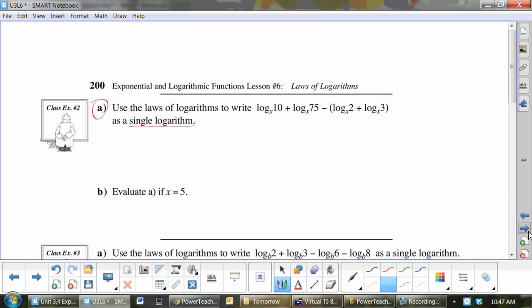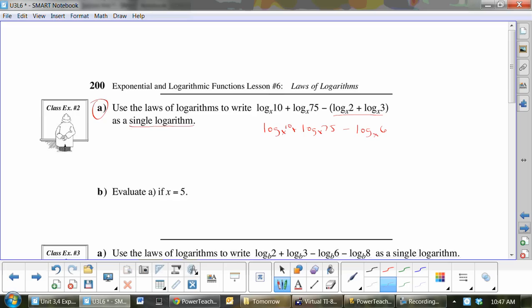Okay? But we can still do, well, maybe let's just do it using BEDMAS. So that would be minus what? Log x of 6. Okay, so I did this and got log x of 6.